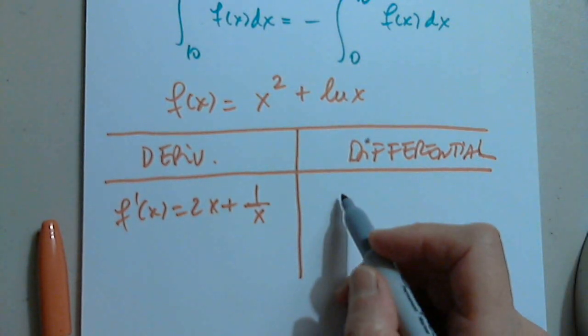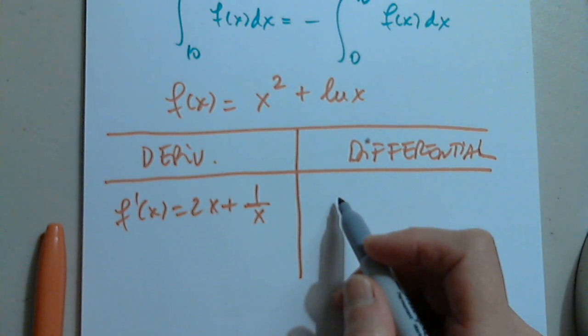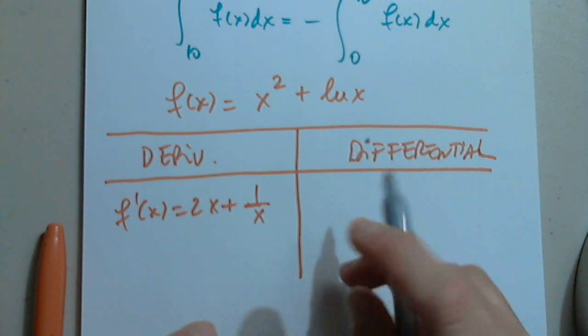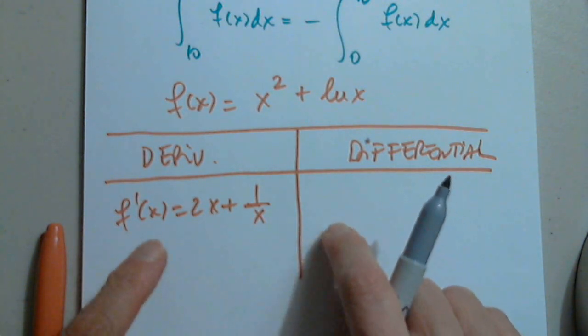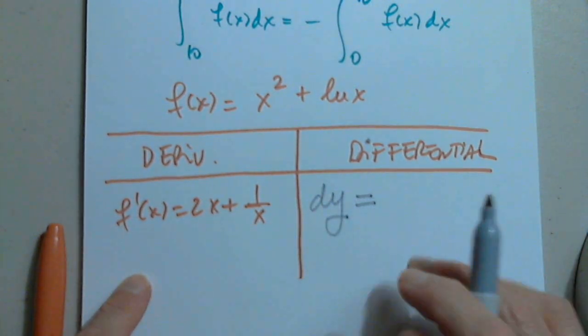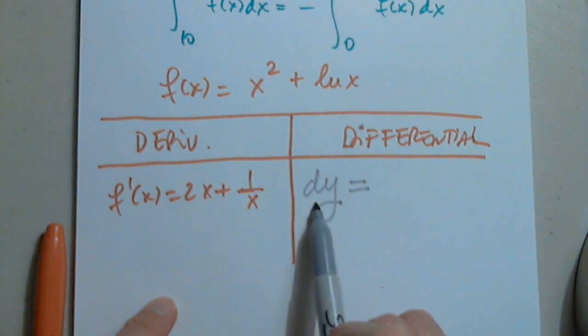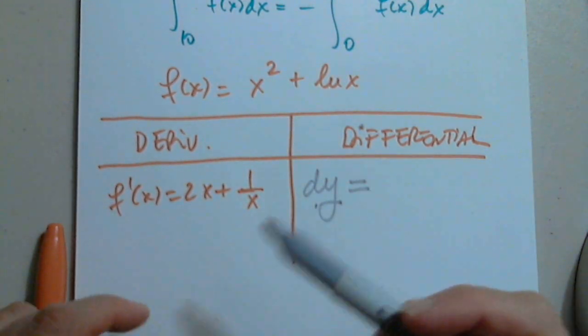What's the notation for the differential? Are you talking about dy over dx? Good. Or dy equals? So the differential notation is dy, but what do I have to write?